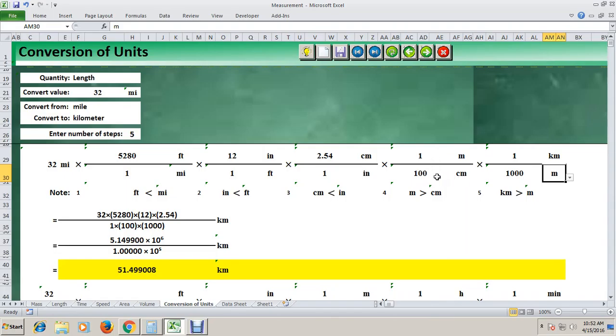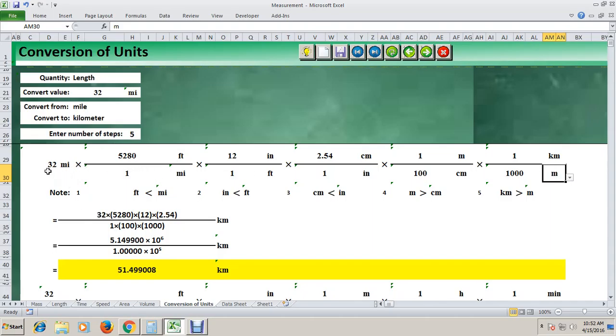So you have 100 centimeters in 1 meter. Then finally, we have kilometers and meters. The kilometer is the greater measure as compared to the meter. So we expect that there are more meters in a kilometer than there are kilometers in a meter.